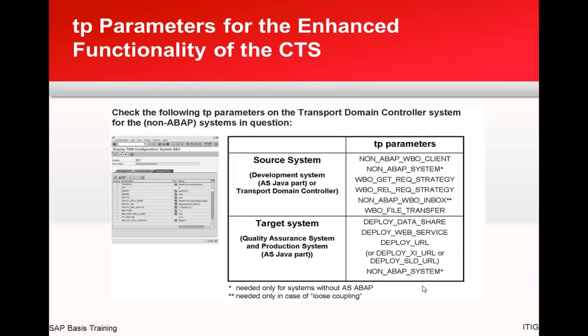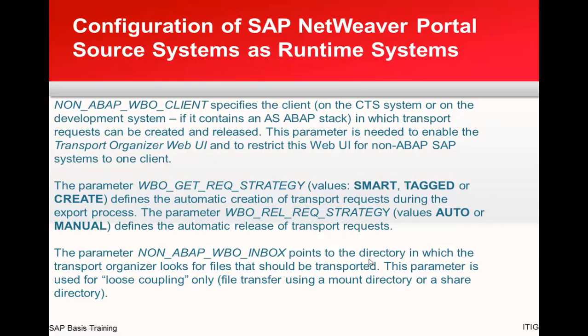Then this needs to be defined on your JPQ and JPP systems. The non-ABAP WBO client specifies the client on the CTS system or the development system, so it's on JPD, in which a transport request can be created and released. This parameter is needed to enable the transport organizer web UI and to restrict this UI for non-ABAP SAP systems to one client.